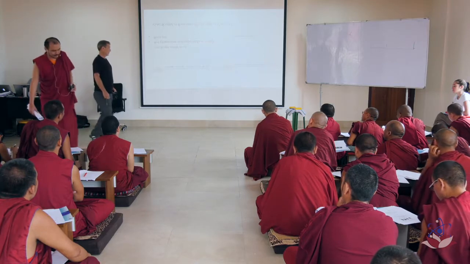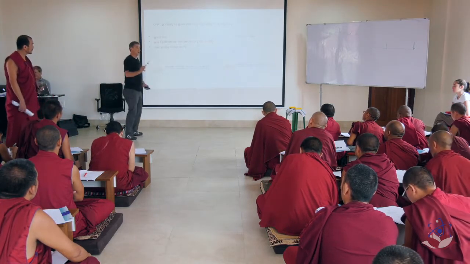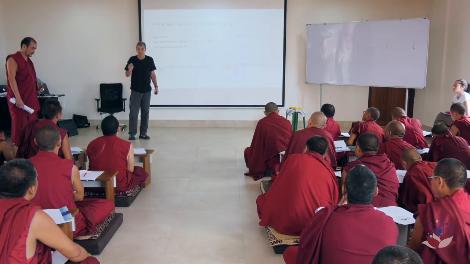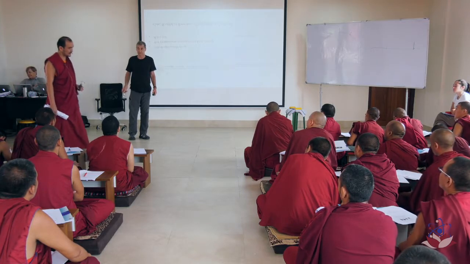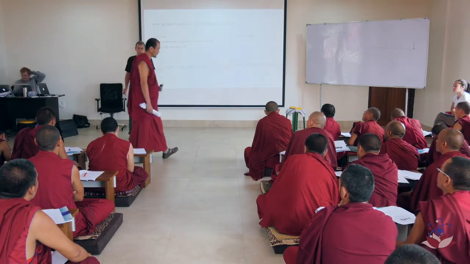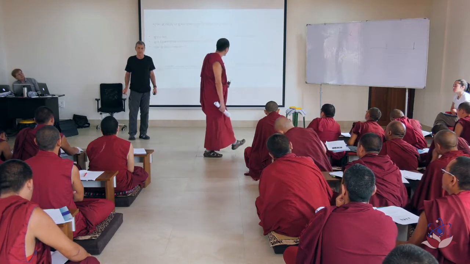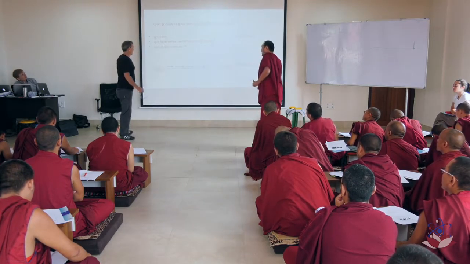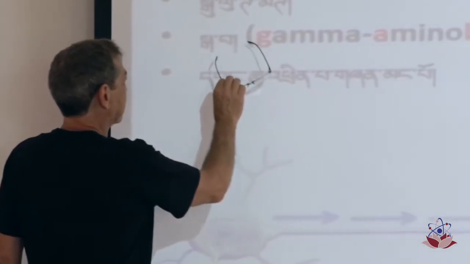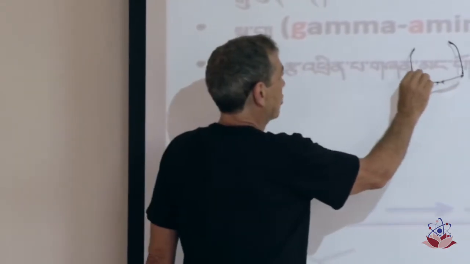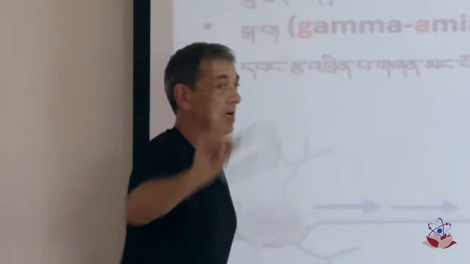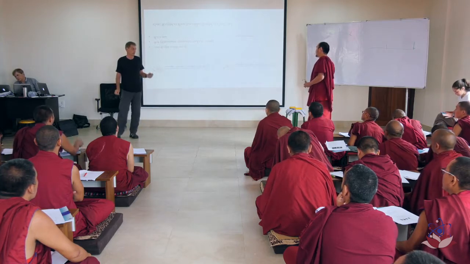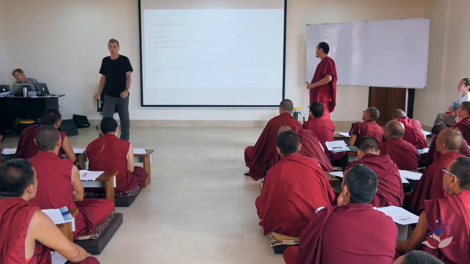Sometimes, though, you want to inhibit the signal. So, the neurotransmitter that we'll discuss is called gamma aminobutyric acid, or GABA.